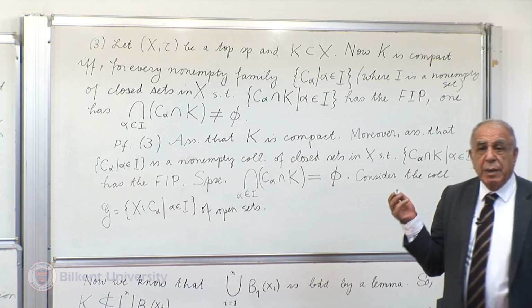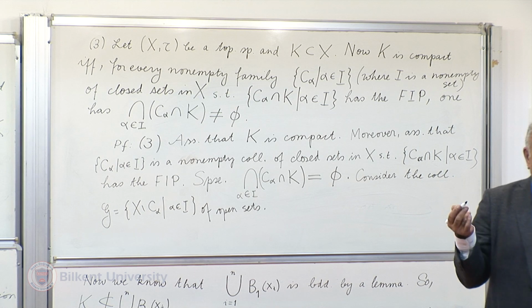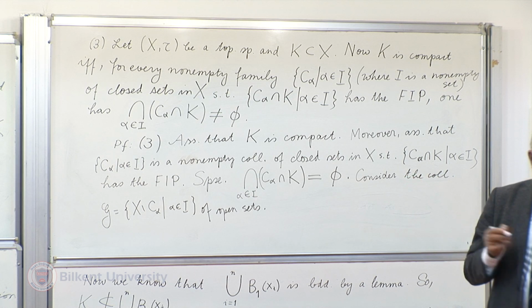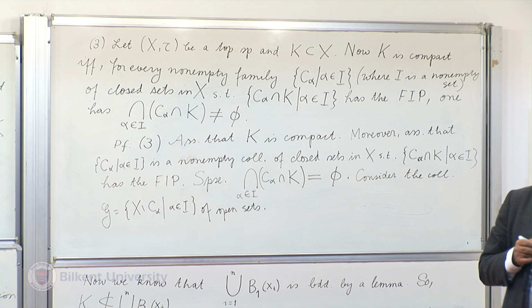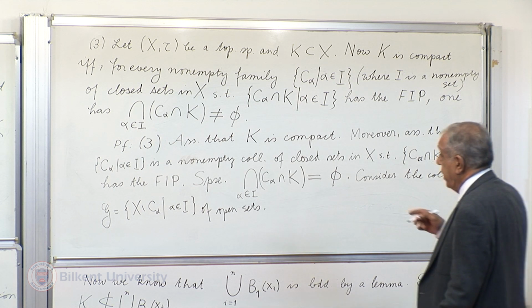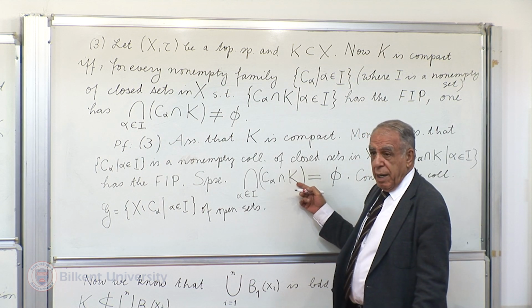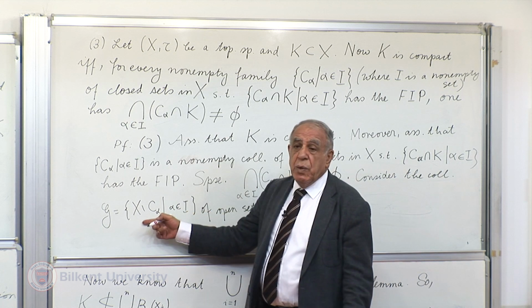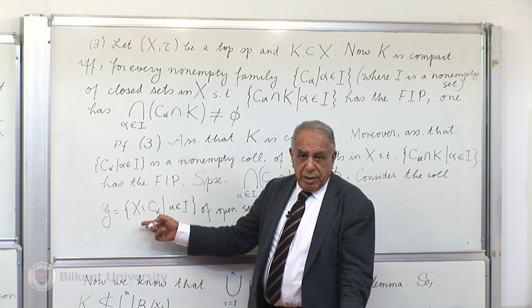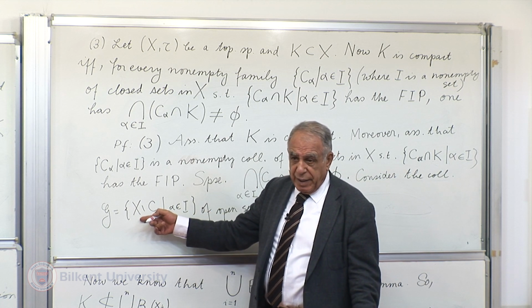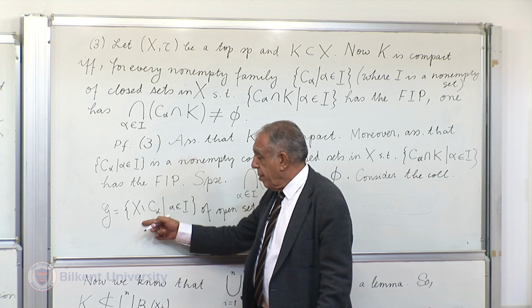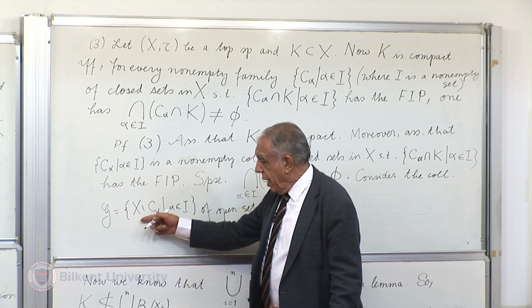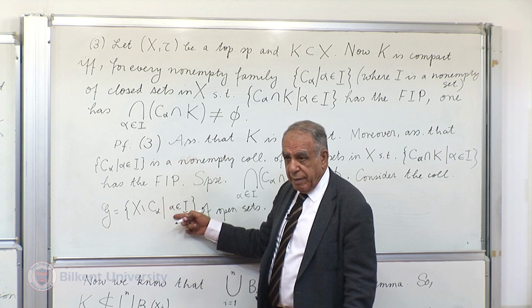Now the question is, will this be an open covering? What does it mean for this collection to be an open covering of K? Well, any point in K should belong to the union of these, thus to at least one of these, to X minus C alpha for some alpha. Okay?